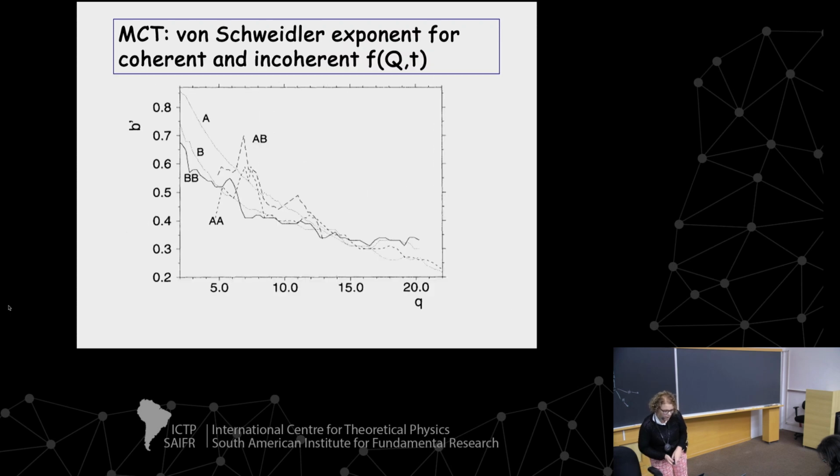Very well. And so this is the exponent of the Kohlrausch-Williams-Watts law for the coherent and incoherent part. Again, the exponent for the coherent is the more continuously decaying function. The one for the incoherent reflects the correlation of particles, and it's more wavy.